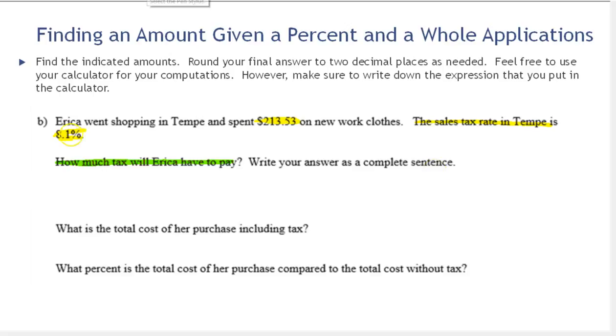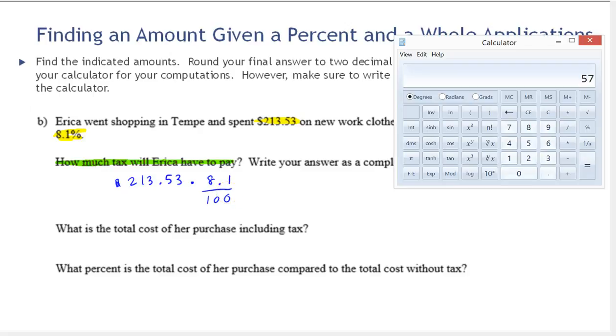So the tax is a percentage of the amount you purchase. So our whole is $213.53, and we want to find 8.1%, which is 8.1 divided by 100. So we'll put this in the calculator, times 8.1 divided by 100.